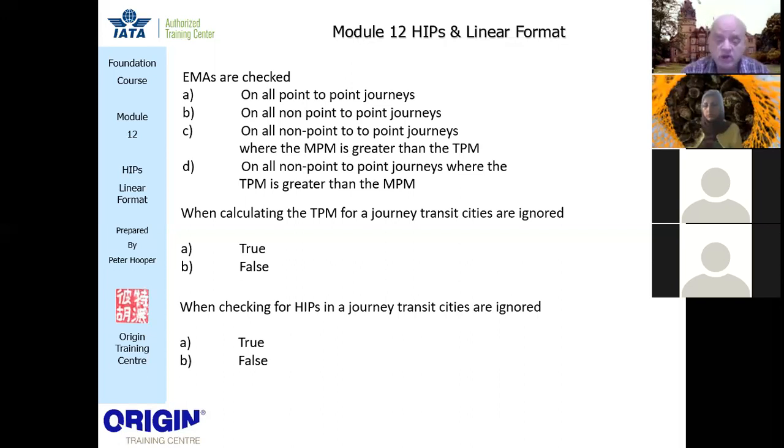On a journey that's not point to point, all non-point to point journeys, well, that might be right, but let's read the rest. On all non-point to point journeys where the MPM is greater than the TPM, would I check?